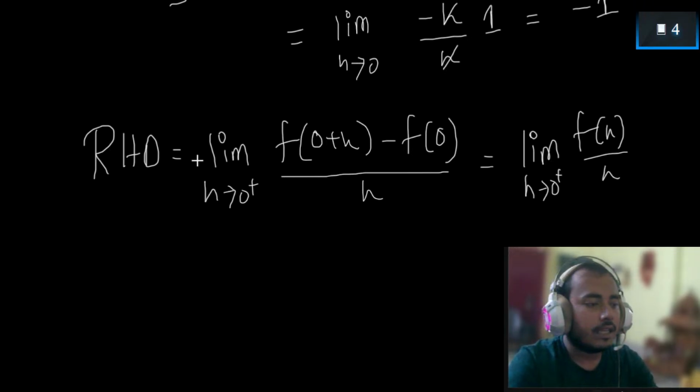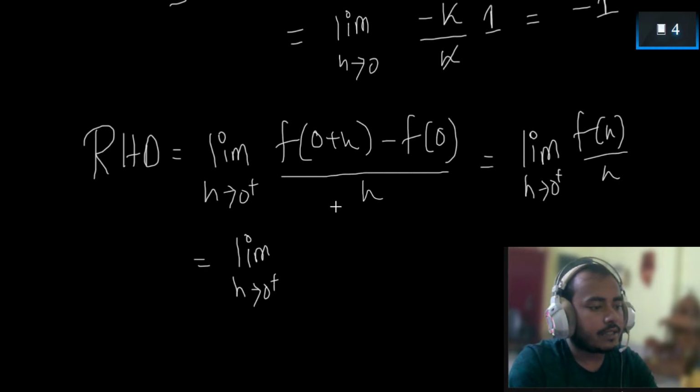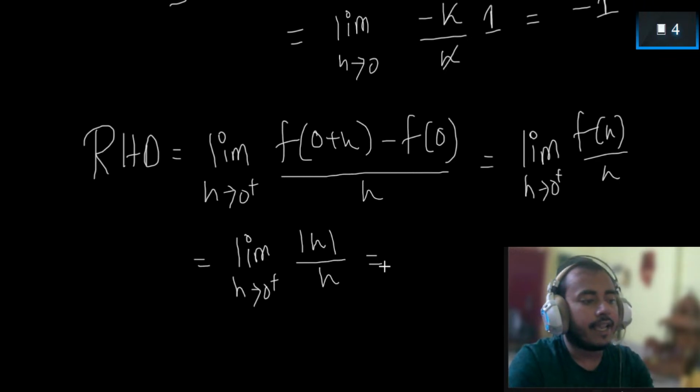Then this would mean limit h tends to 0 plus, and now we apply the value of f of h, which is mod h divided by h, and again h approaches 0 from the right-hand side. That would mean that mod h is positive according to our definition of mod x, which we just did in the last sum.